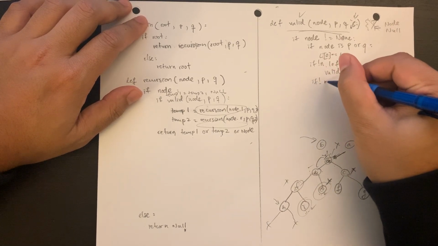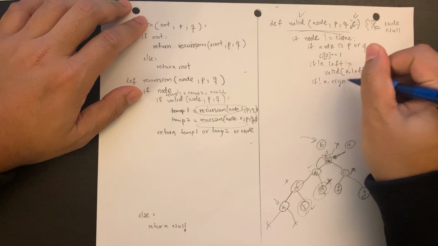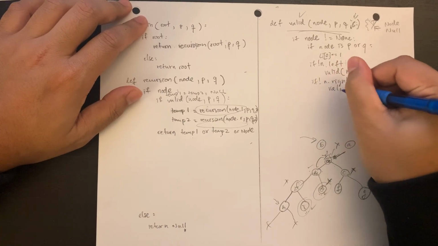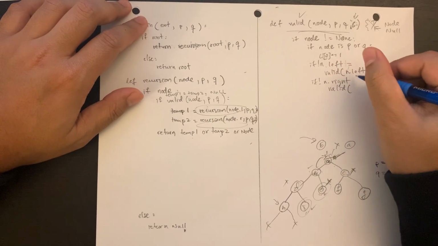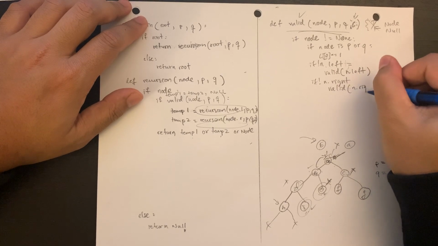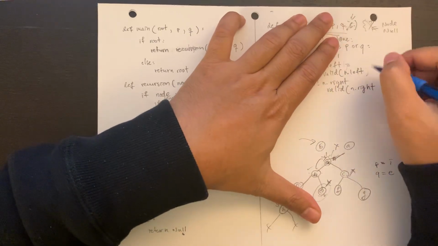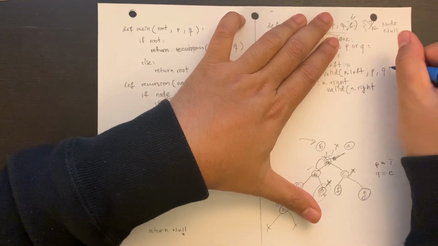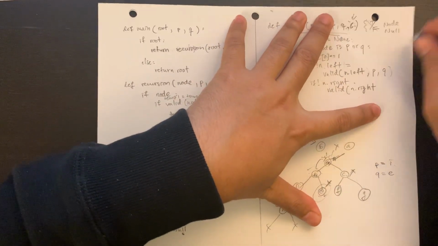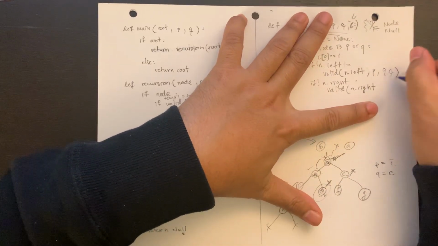Same thing with the right. You need to do wallet. You also need to pass P and Q, and then our C.